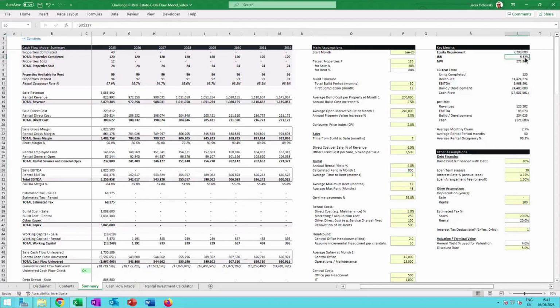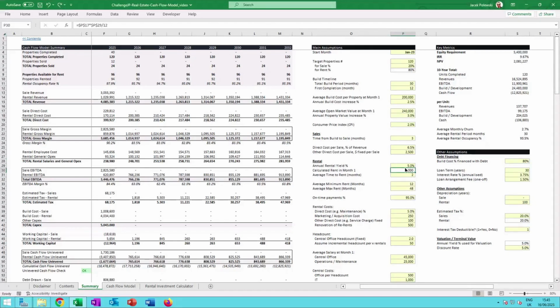So you see the returns went down from just above 9% to 5.6%, but also your equity requirement went up. Okay, let's go back to my previous assumptions. You see there was a 9.6, 5.4, which was the assumption before.